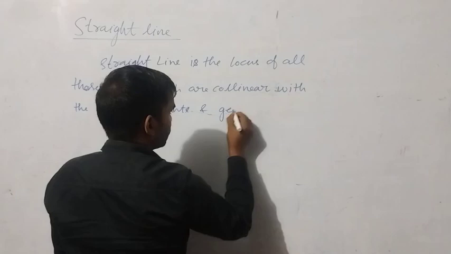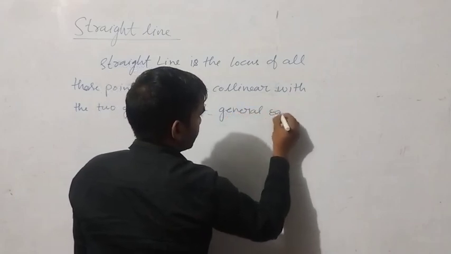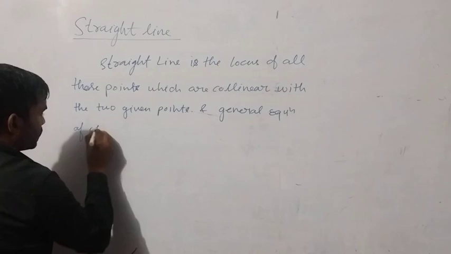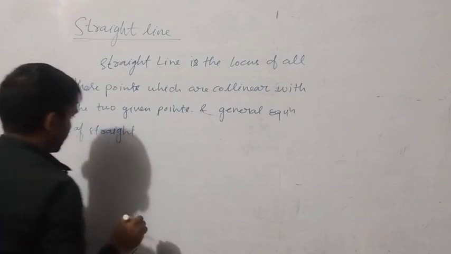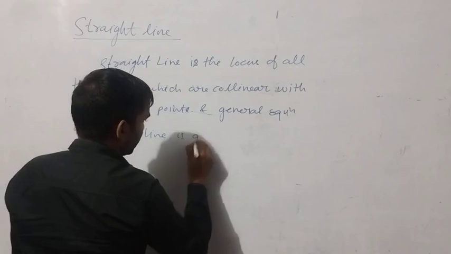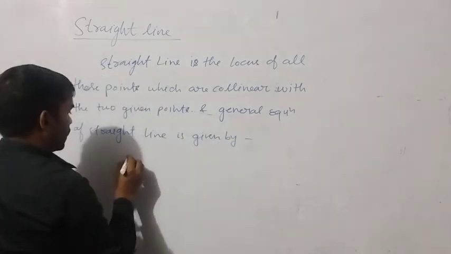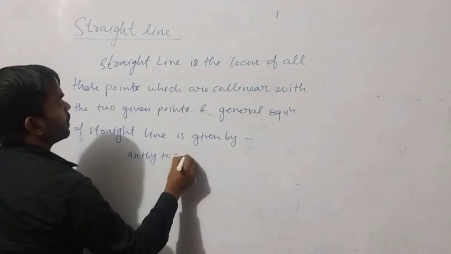The general equation of a straight line is given by ax plus by plus c is equal to 0.